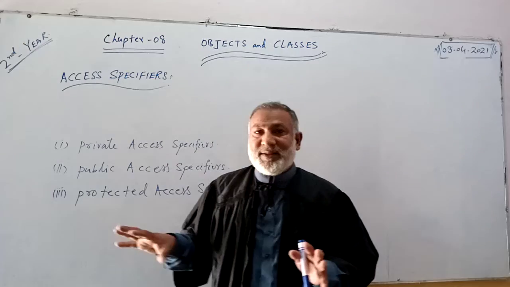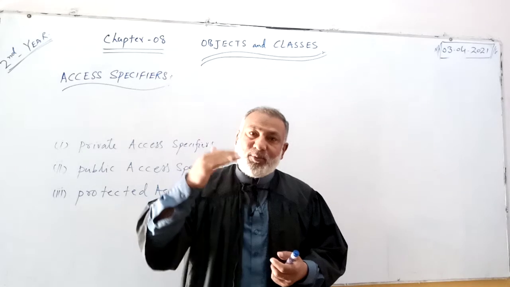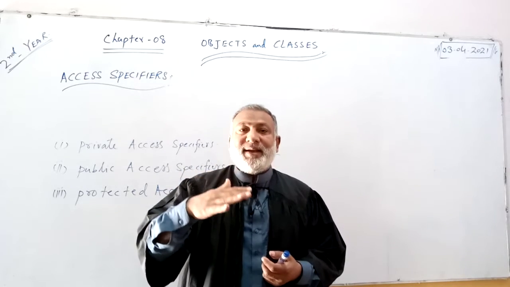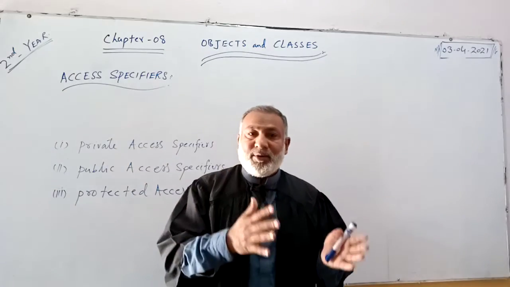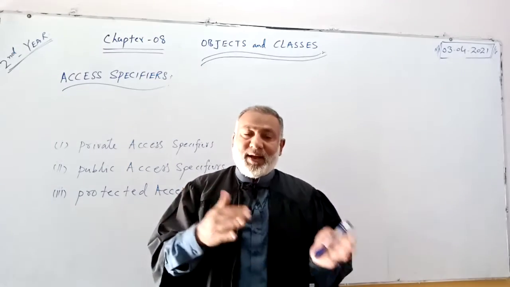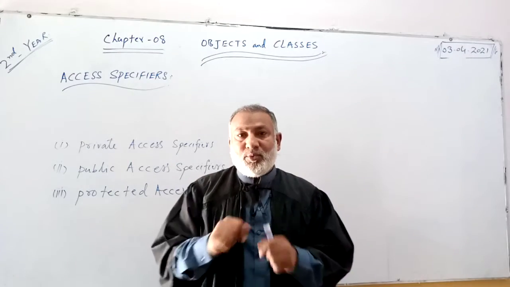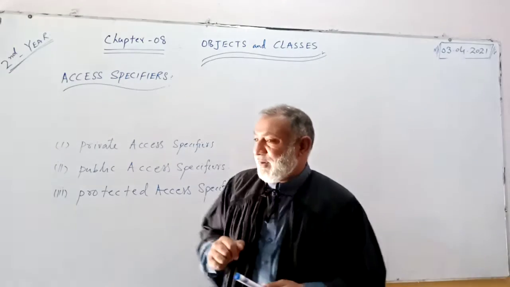Whatever you write under an access specifier, we need to study whether it can be used inside the class or outside the class, in the base class, the derived class, or the main class. That is the sole purpose of the access specifier.